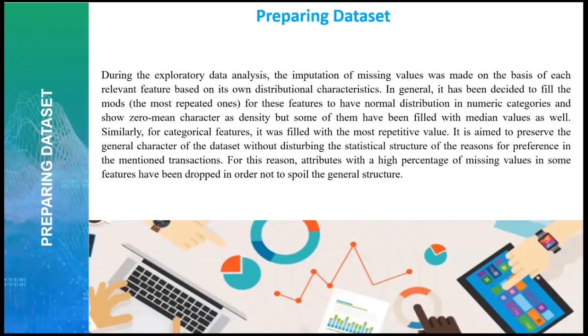In general, some numerical categories do not have a normal or Gaussian distribution, so we fill in the mode value in these categories, and we don't use the median values. Similarly, in categorical features, we fill in the most repeated value, and we check outliers and drop them with threshold values.